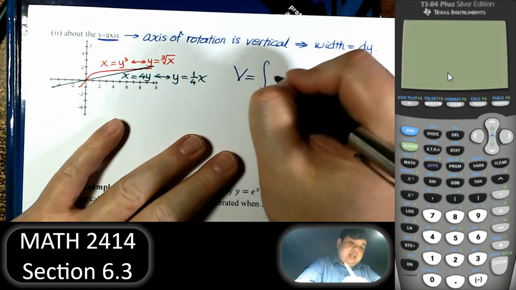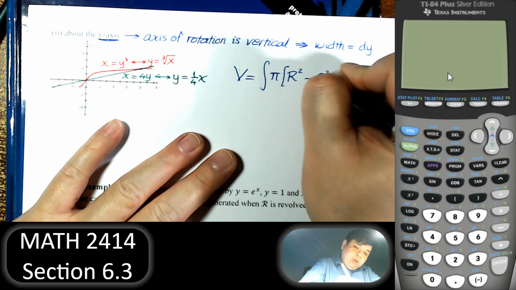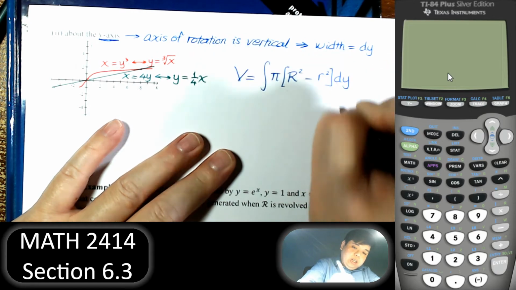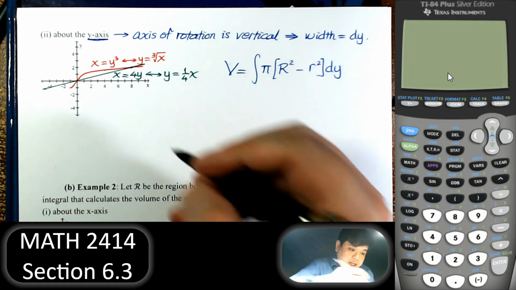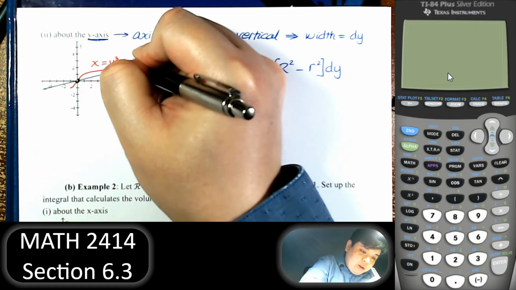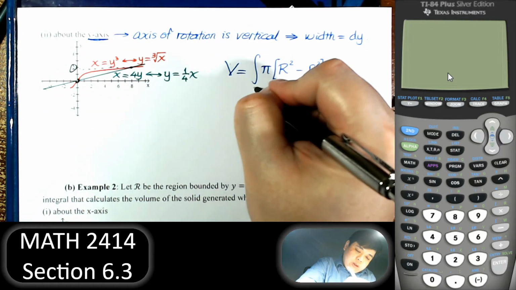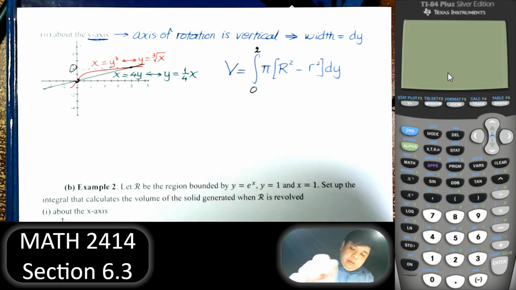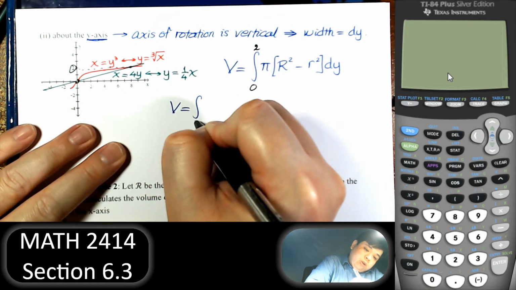So yes, this is the washer method. Big radius, little radius, using dy. The y limits are easy to determine, 0 to 2. So I have volume equal to the integral from 0 to 2.